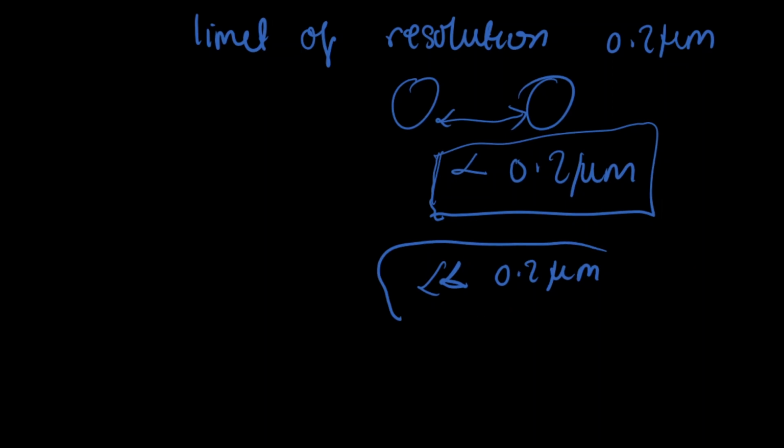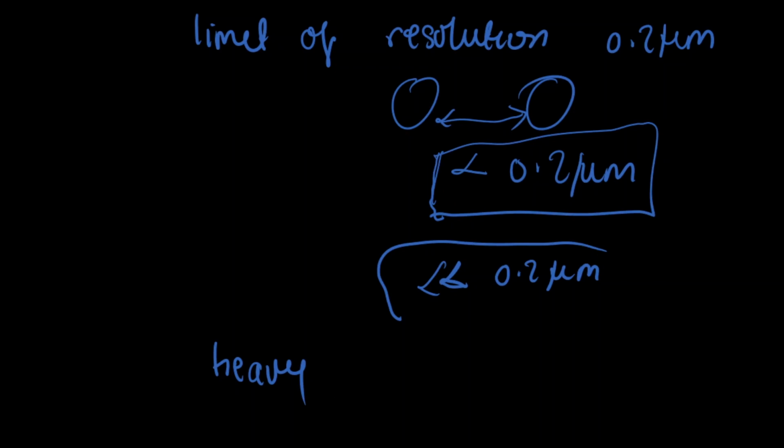So these are some of the importance of an electron microscope. Also, unlike in light microscopy where we make use of stains and dyes, in electron microscopy we make use of heavy metals as the stain.